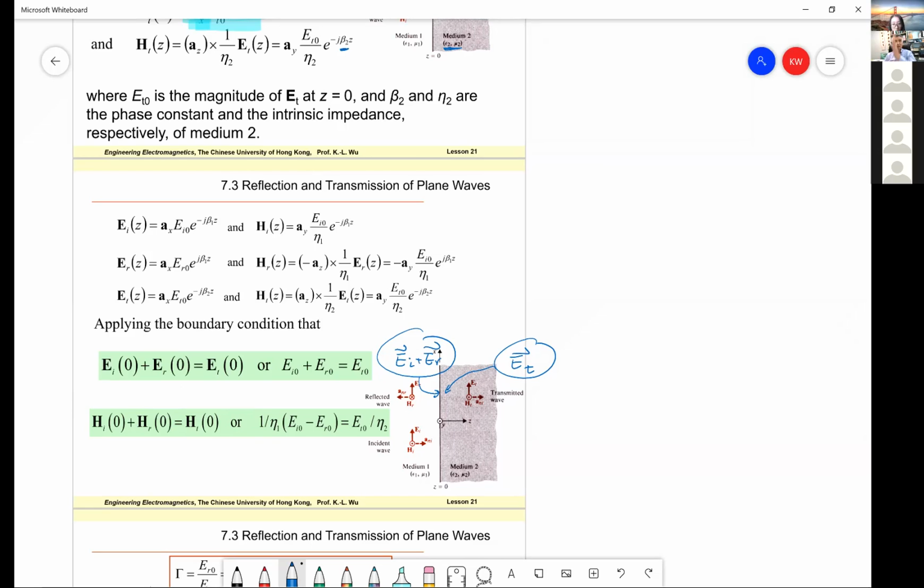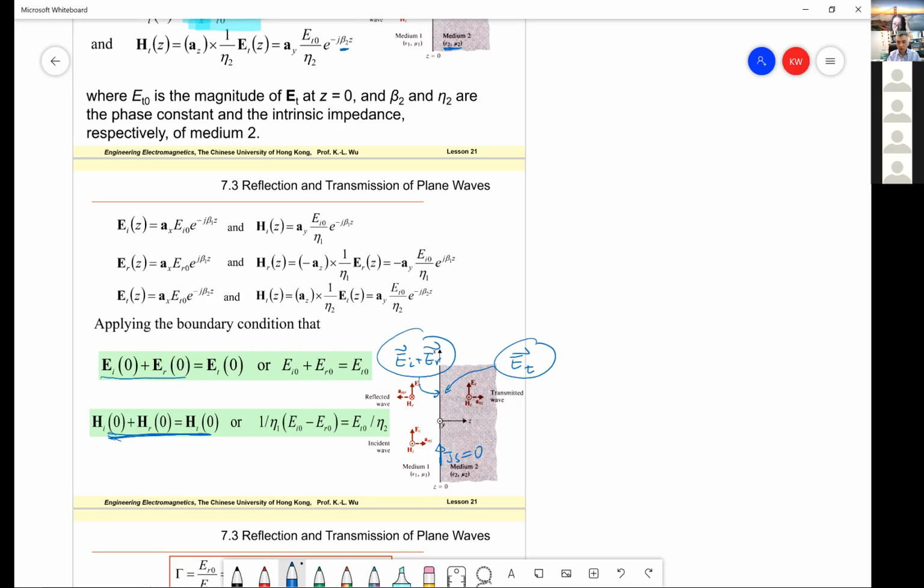Again, we look at the tangential field component. The tangential field component must be equal for the electrical field. And for the magnetic field, if we don't have a current sheet on the common boundary, the tangential magnetic field should also be continuous, equal.